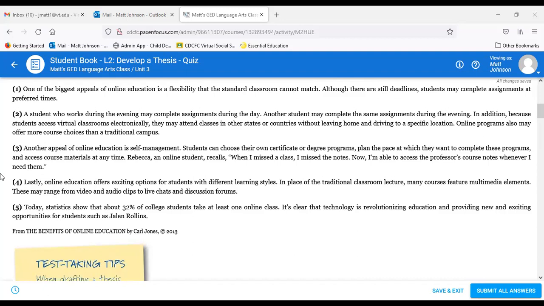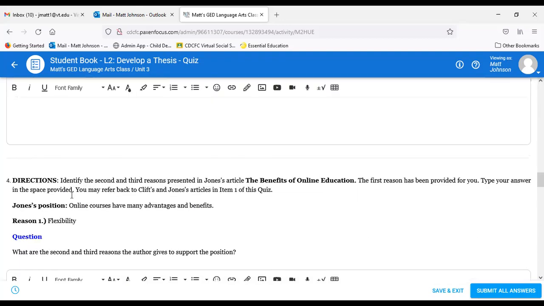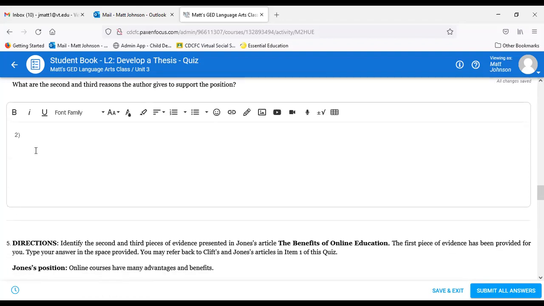If we drop down to the third paragraph, we see the second reason, right? Self-management. So self-management is going to be the second reason. So we're going to put in self-management.